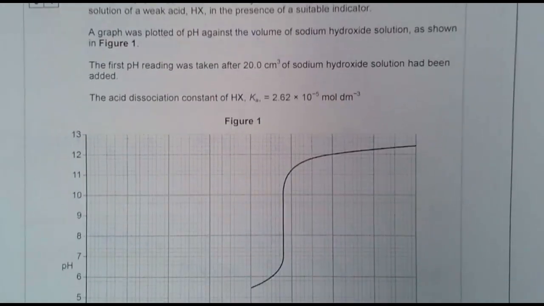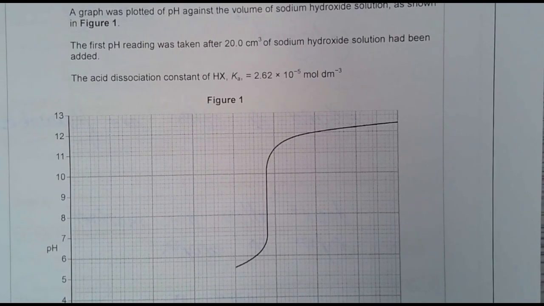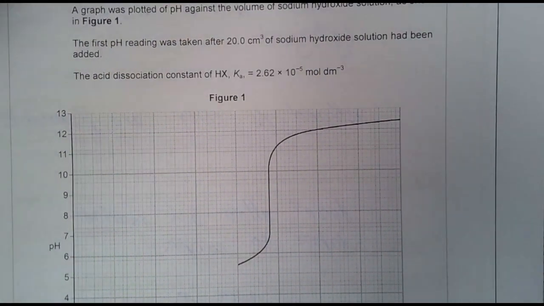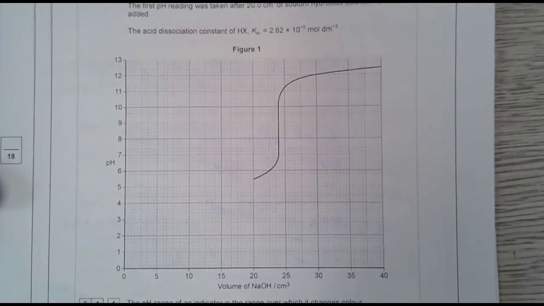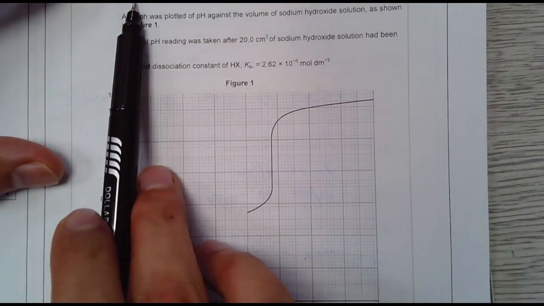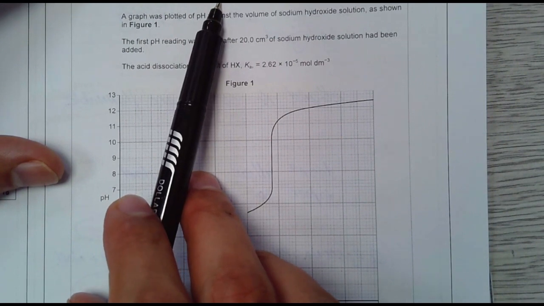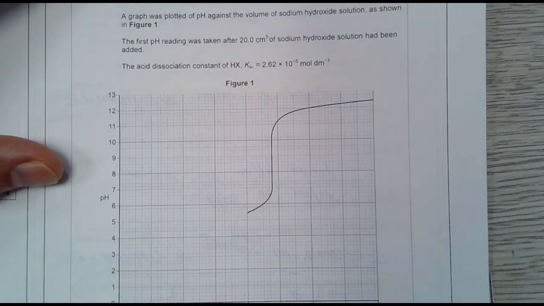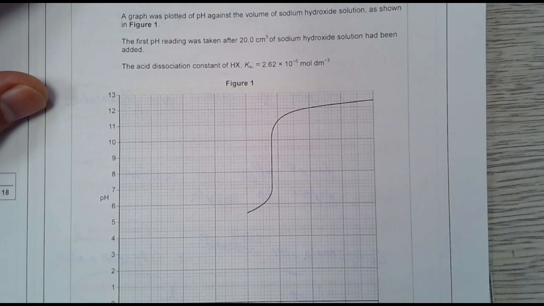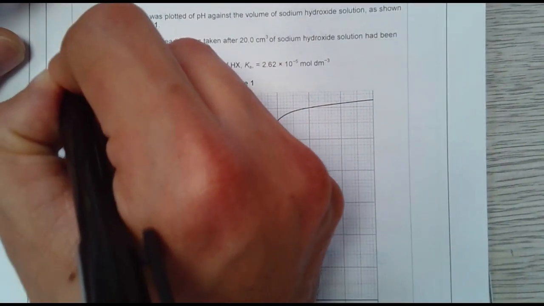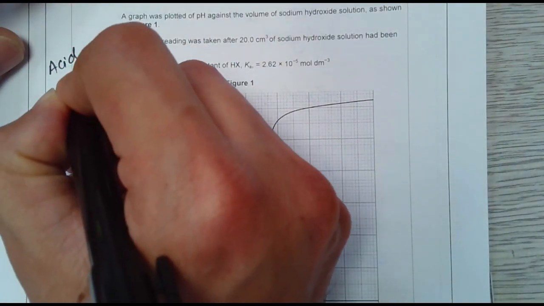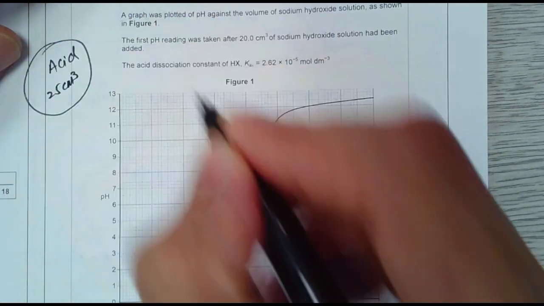Let's move on to the next question. On this question, it says, now this is about acid-base titrations. So what is happening here? It says you've been given this many mole dm cube solution of sodium hydroxide, and it was gradually added to 25 centimeter cube of solution of weak acid. So acid is how much? 25 centimeter cube.